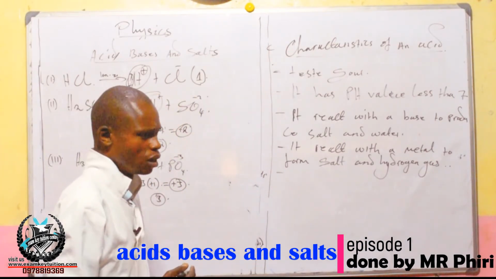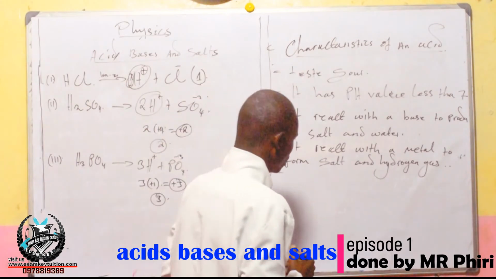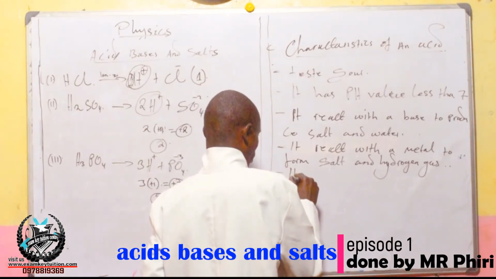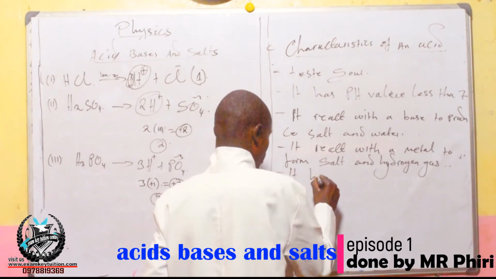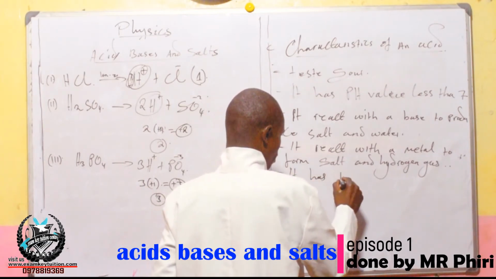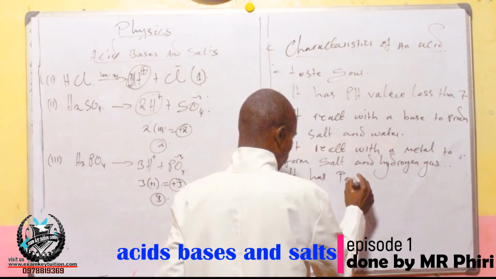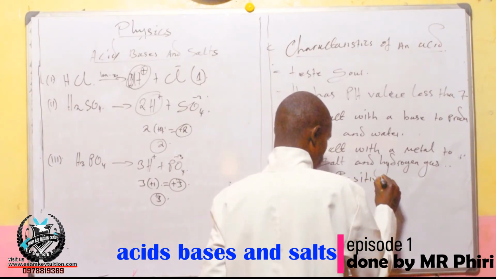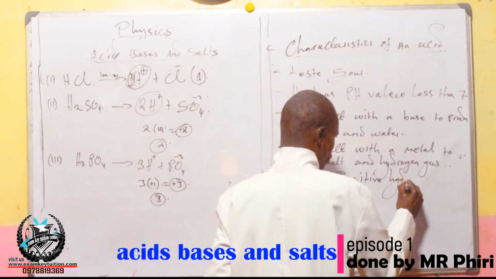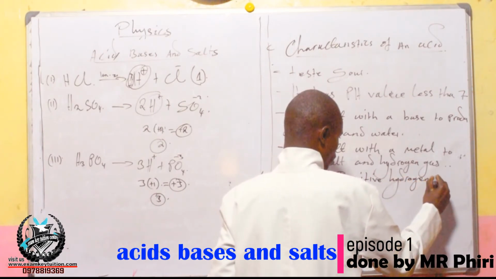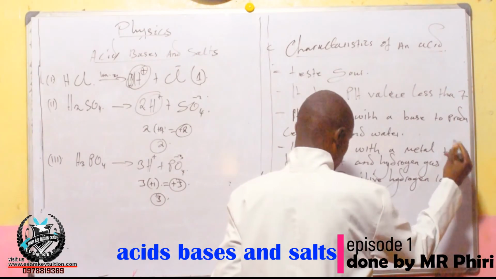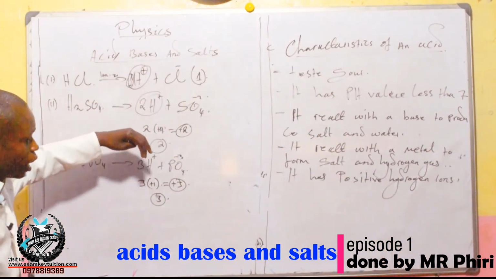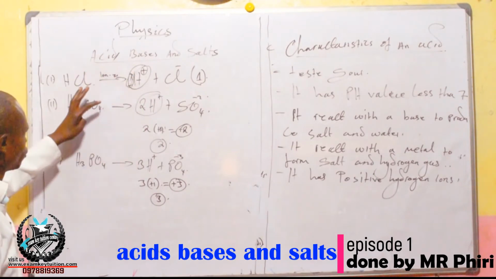Acids have positive hydrogen ions. You can simply see what we are doing here when we are finding the basicity.